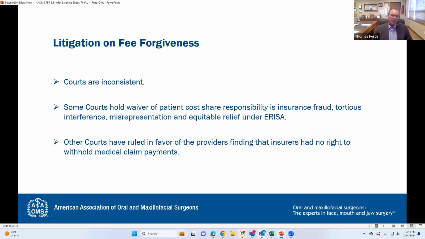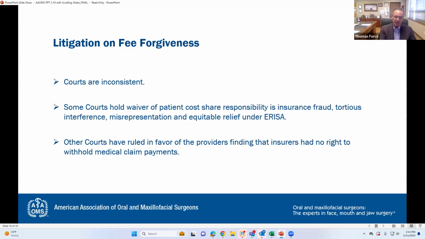So when you look to litigation, we'll cover some cases. You'll see that based on what circuit the cases are in or what court they're in and what state they're in, the courts are inconsistent. Sometimes they say that the insurance company can rightfully withhold payments and seek and obtain a refund of the money they paid when there's evidence of fee forgiveness.